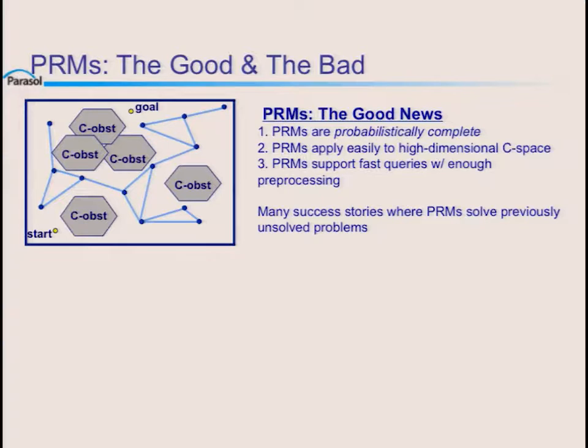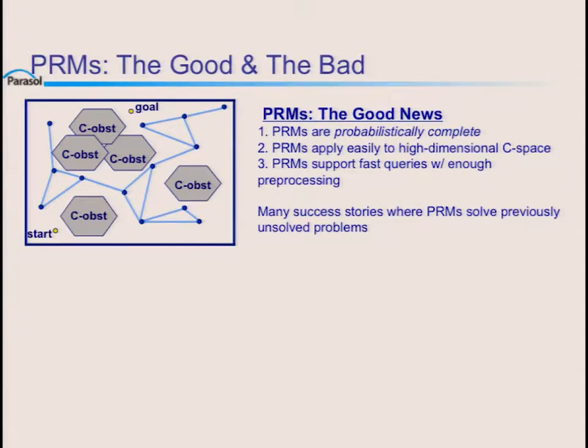Many high-dimensional problems. They are probabilistically complete, meaning that as you keep sampling, eventually the topology of your graph represents the topology of the underlying space, and they support fast queries with enough preprocessing if your graph is well connected.